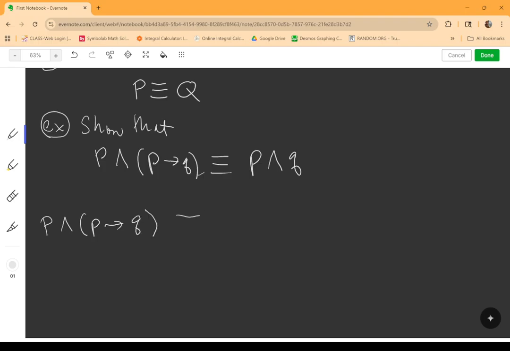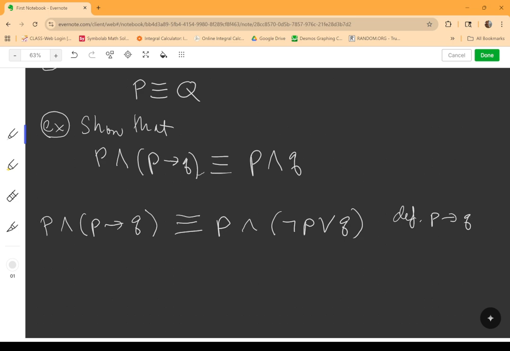And from earlier in the semester, I know this implication is equivalent to not P or Q. That's the definition of P implies Q.